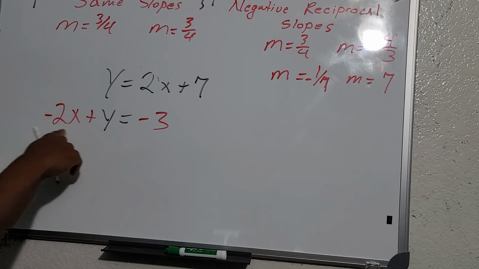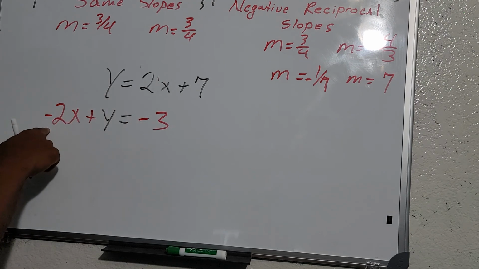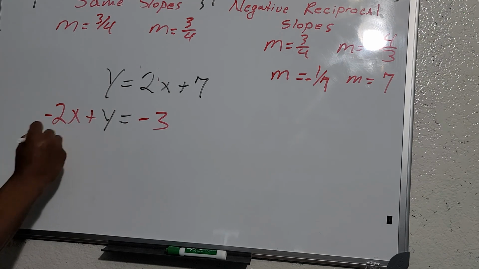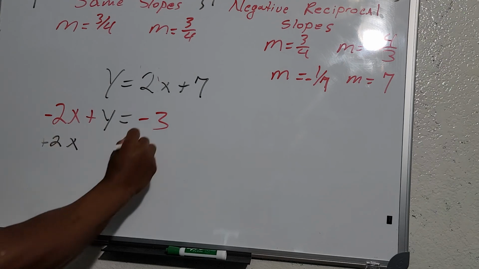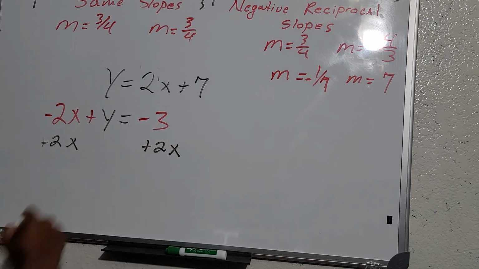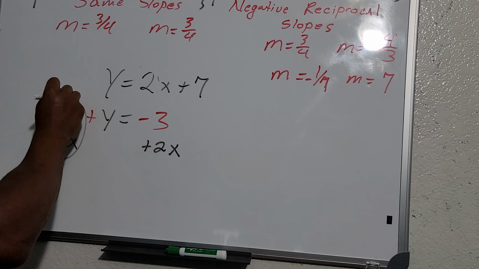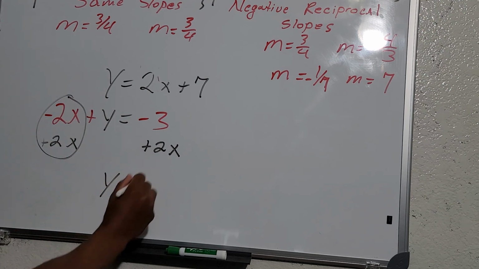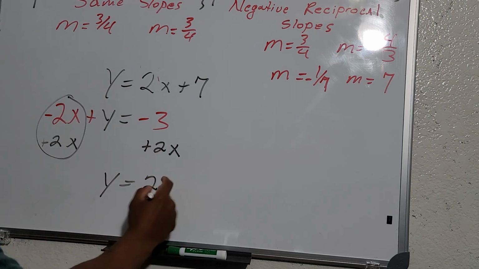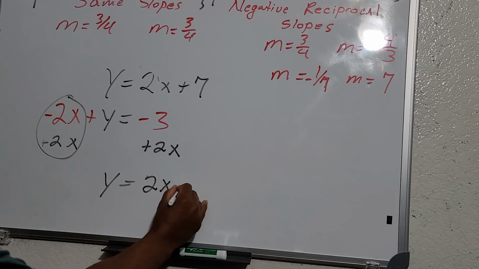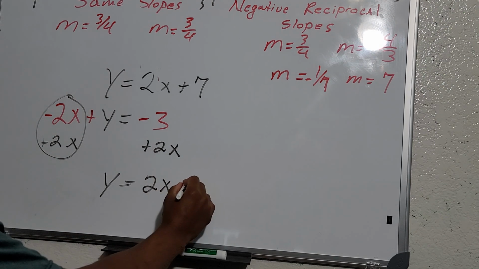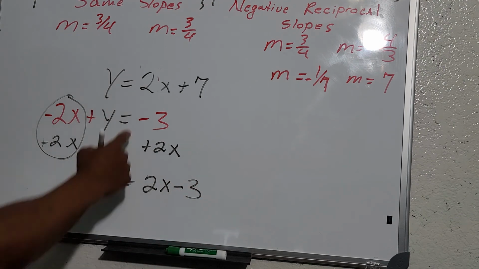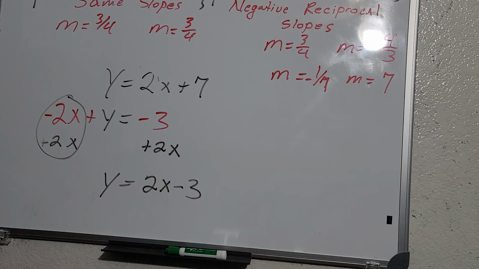So in this case, to get rid of my negative 2x to put it on this side, I would simply add 2x to both sides. That would make this go to 0, leaving me with y is equal to a positive 2x. And remember, we always want the slope first, written in slope-intercept form. And we want the y-intercept last.